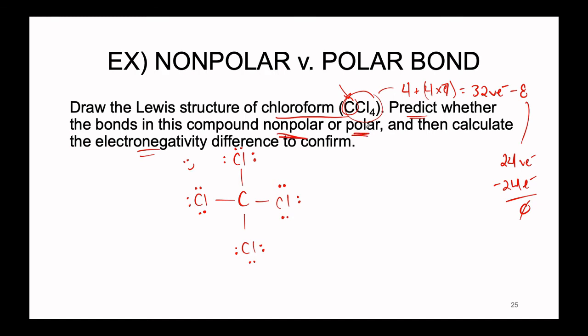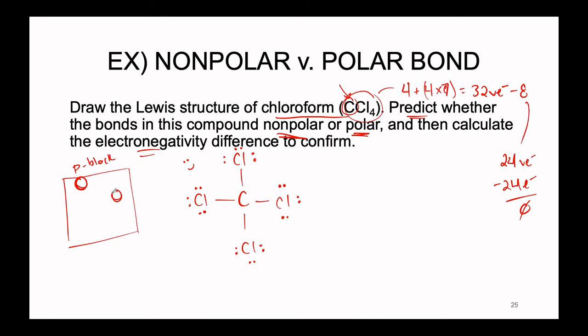Well, on the periodic table, both carbon and chlorine are present in the P block. So they're both on the right-hand side of the periodic table. Carbon is up here, and our chlorine is down here. The question is, is this difference enough to make the individual bonds polar?